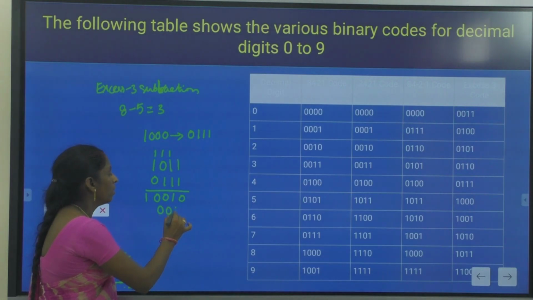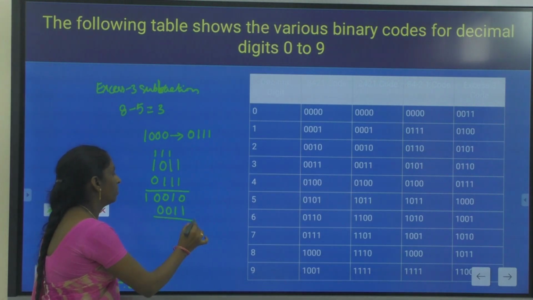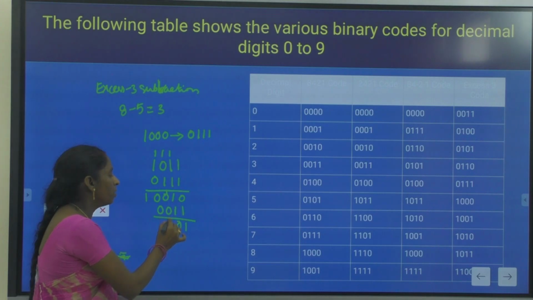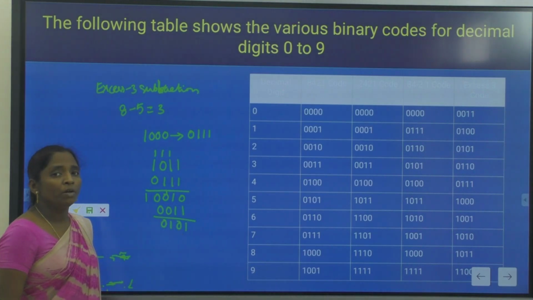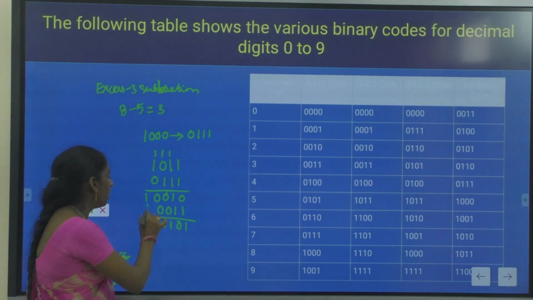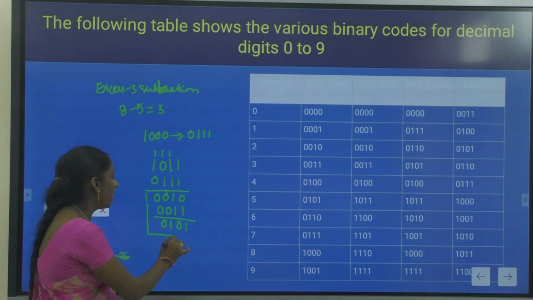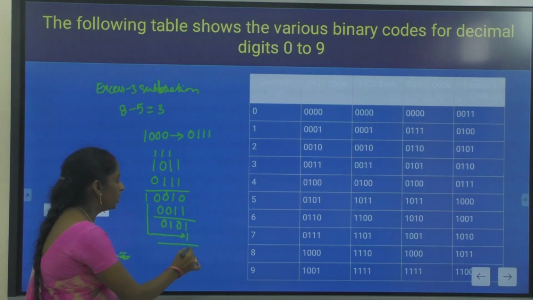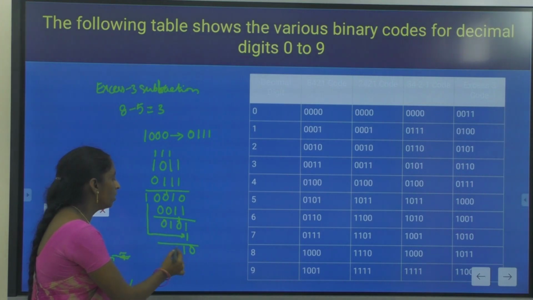0011. 0 plus 1, 1. 1 plus 1, 0 with carry 1. 1 plus 0, 1. 0 plus 1, 1. 0 plus 0, 0. Now add the end around carry. That means add carry to the LSB. 1 plus 1, 0 with carry 1. 1 plus 0, 1.